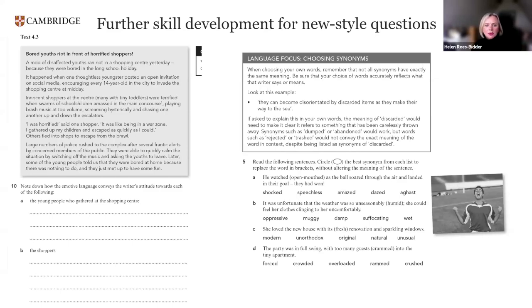And again, language focus here, choosing synonyms, where they have to circle the best synonym to fit into a sentence. And this is all building up on the work that we do in the course book about synonyms, about choosing appropriate synonyms, and about nuanced language, which of course is so important to those questions in 2A and 2B, the actual nuance of a word.